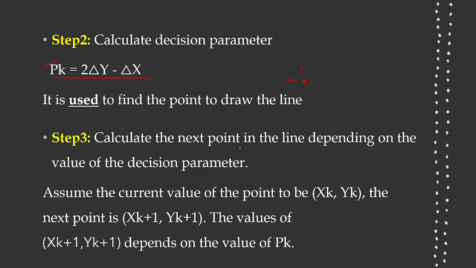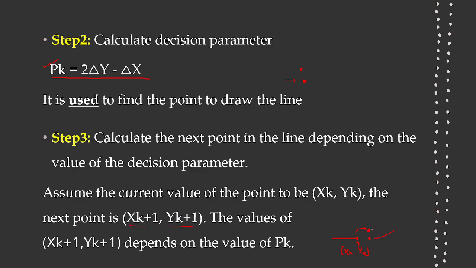Step 3, calculate the next point in the line depending on the value of the decision parameter, as I said before. Now we'll assume the current point is here, so we need to calculate the next point. Do we need to eliminate the above pixel or the below one? We'll assume this point as x of k, y of k, the point we are in, and the next point is x of k plus 1, y of k plus 1.